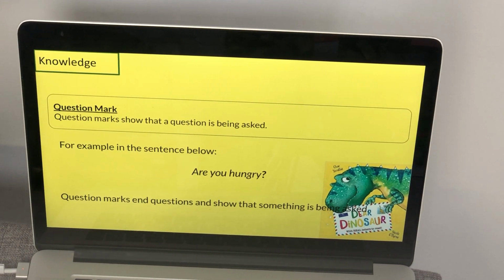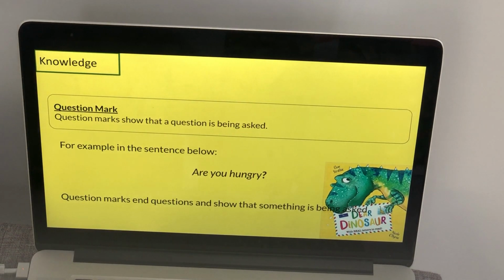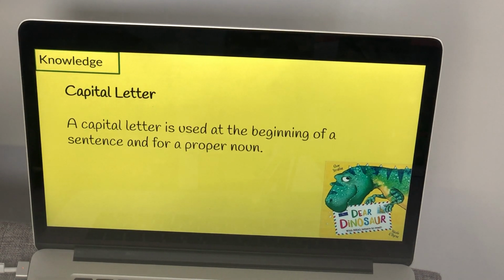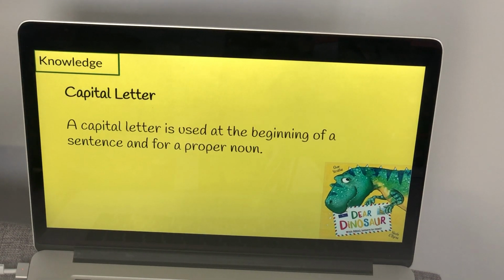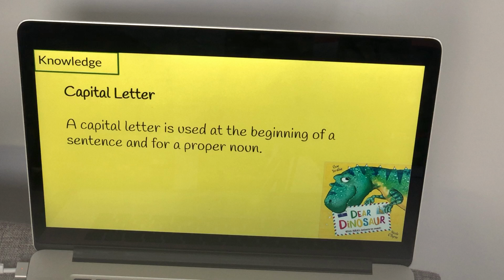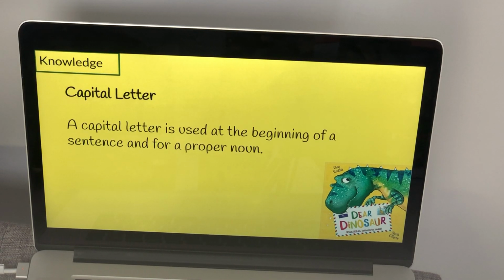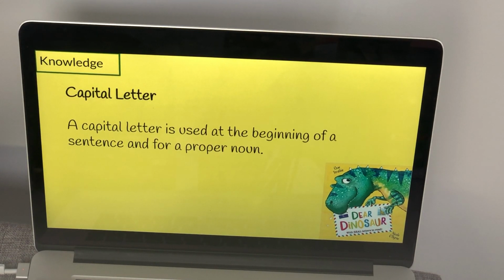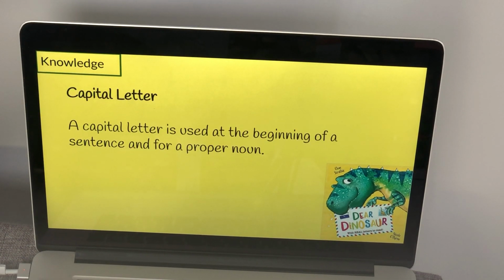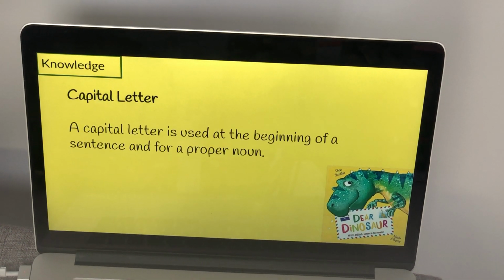You have a go at saying it. A capital letter is used at the beginning of a sentence and for a proper noun. Let's try saying that one together. A capital letter is used at the beginning of a sentence and for a proper noun. You try saying it.